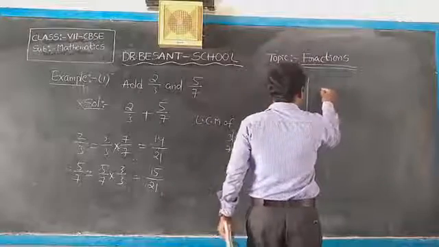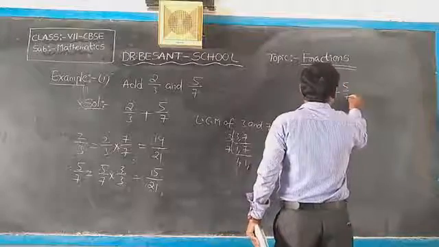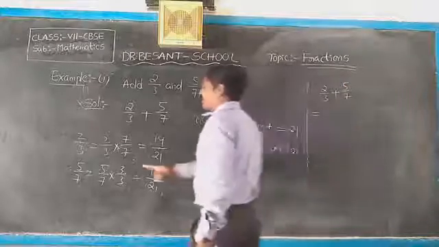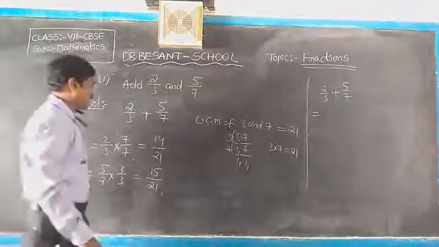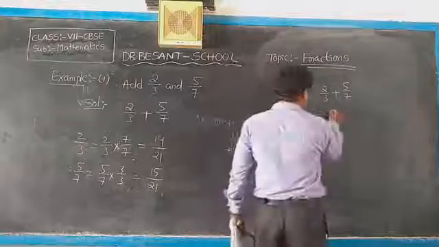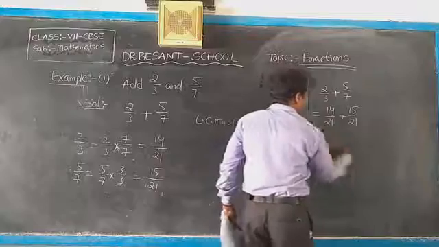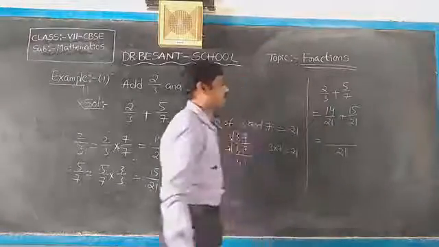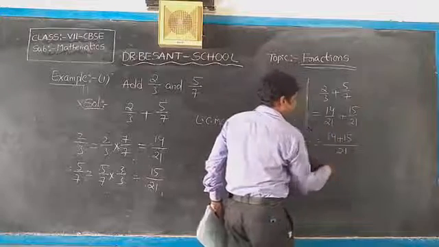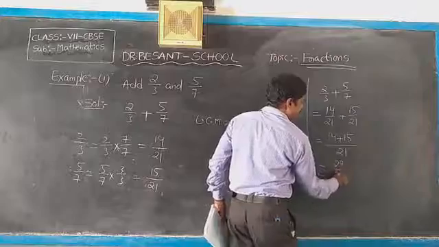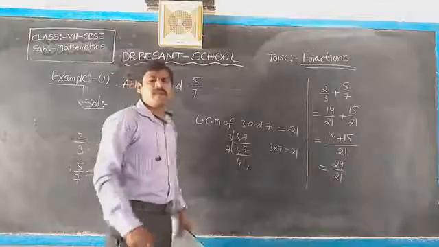Now 2 by 3 plus 5 by 7 is equal to 14 by 21 plus 15 by 21. Both denominators are the same, 21. That means 14 plus 15 is 29 by 21.